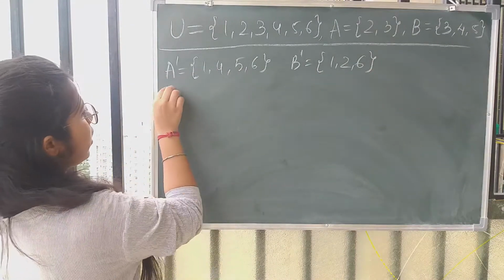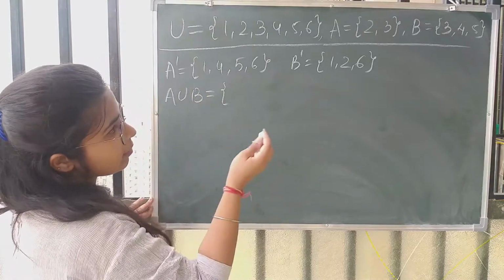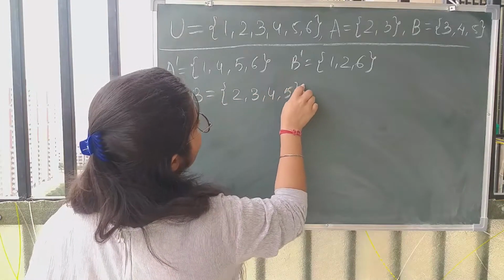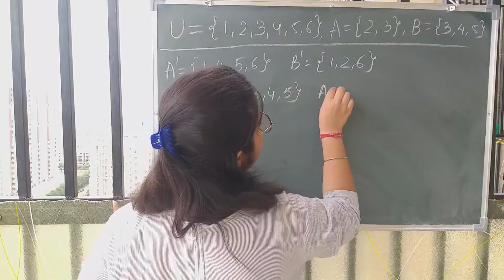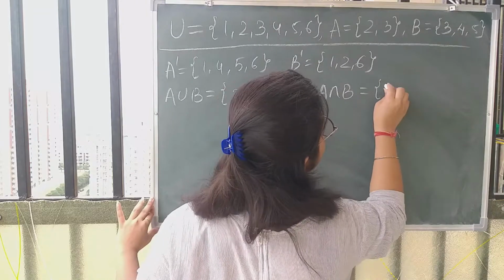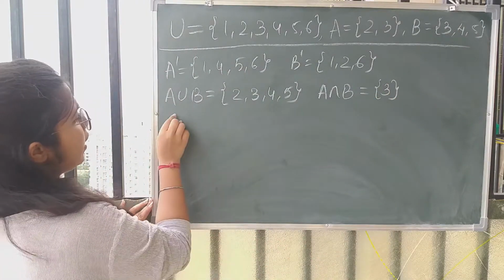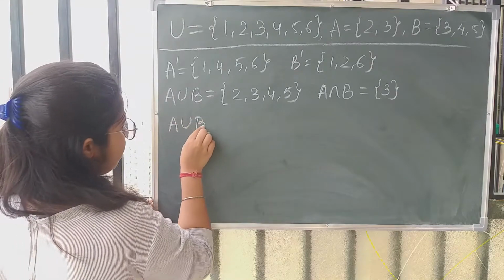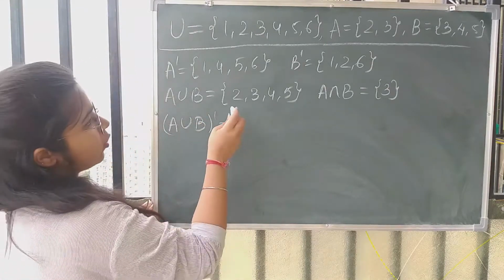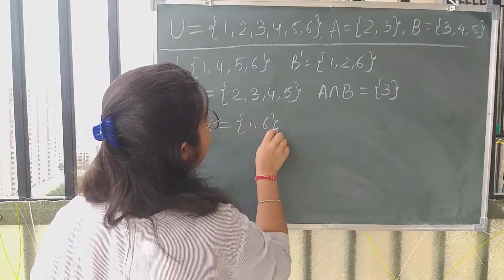Okay. Now what about A union B? A union B will be 2, 3, 4, 5 and A intersection B will be only the element 3. If we find out the complement of A union B, that is the complement of this set, so we get 1 and 6.